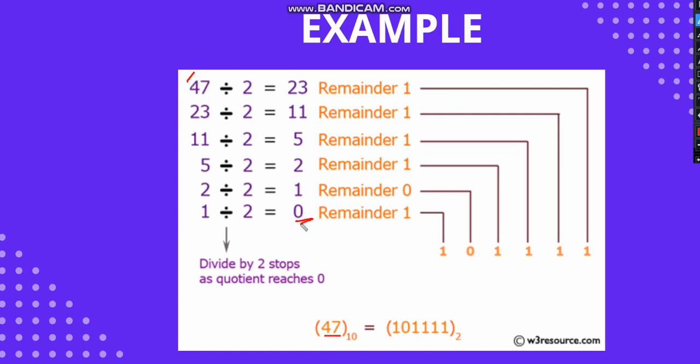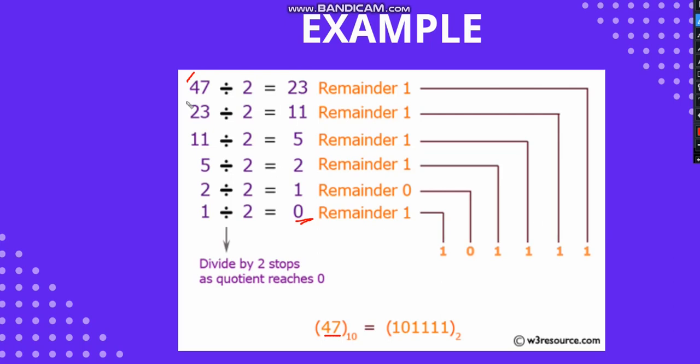Until this quotient reaches 0, we have to keep dividing this decimal number with 2. So 47 divided by 2 is equal to 23 and a remainder 1. Now again we will divide this 23 with 2. The quotient will be 11 and the remainder will be 1.